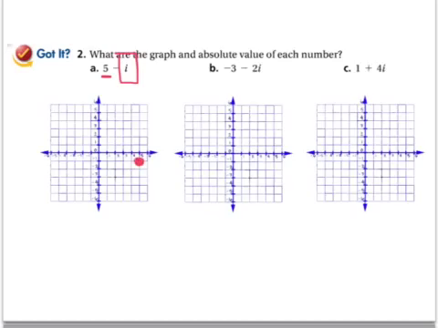So, 5, negative 1 would be where your point lies. Find the distance that is from 0. The absolute value is the distance from 0. So that would be the square root of 5 squared plus negative 1 squared.